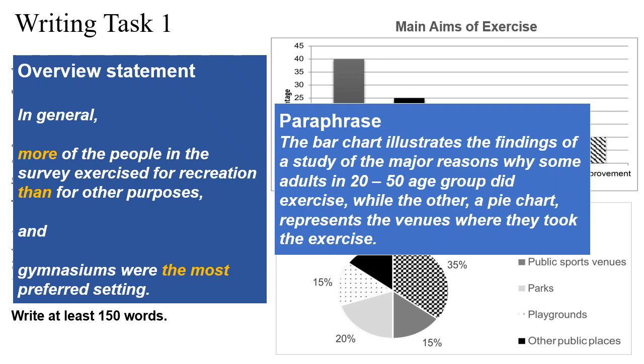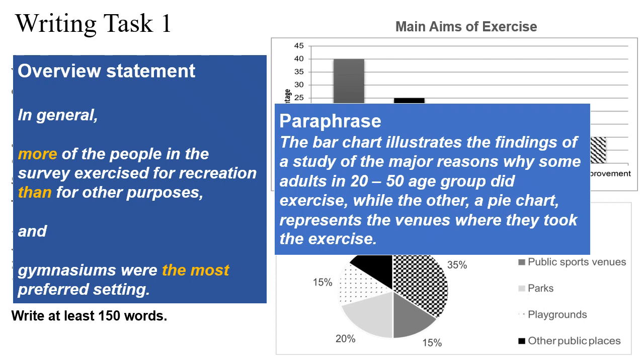The second clause is, and gymnasiums were the most preferred setting, which represents the pie chart and which can stand alone as well. The point I'm making here is that each of the 2 clauses in the compound sentence is a comparative clause, which can stand alone as a comparative sentence.